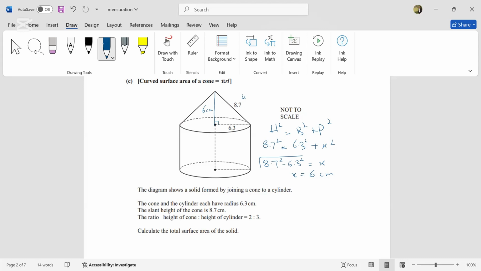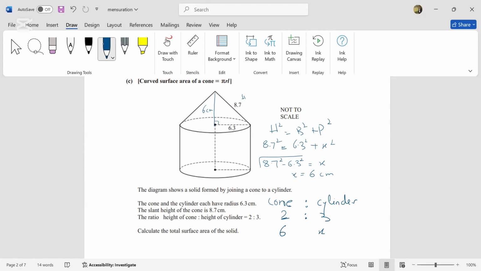Okay, for the next thing, we need the total surface area for that particular thing. We need to get the height of the cylinder. They have given us the ratio. So how are we going to do the working? Cone to cylinder, the ratio given is 2:3. Height of cone we have got right now. Let's mark it as x.